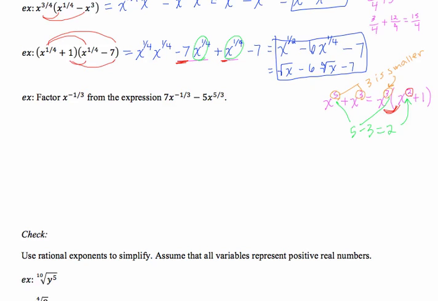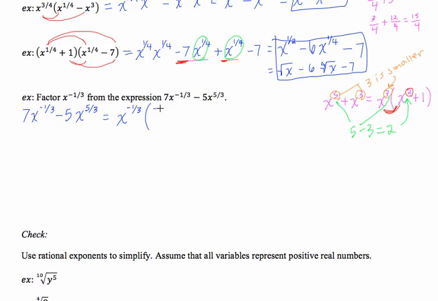Okay, so let's now, using the same process that you know how to factor, factor out a fractional negative exponent from an expression. So I'm going to start by rewriting the expression. Okay, now let's take out an x to the negative 1/3, and then we'll figure out what we're left with.